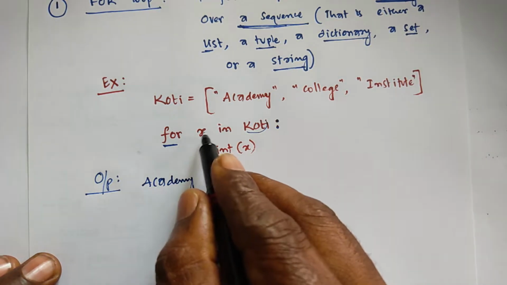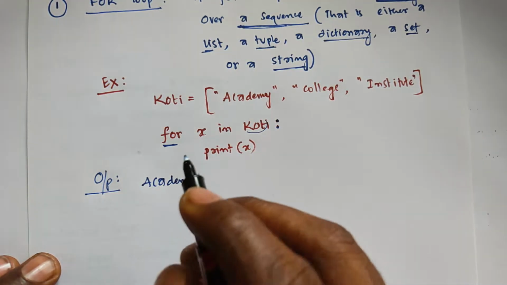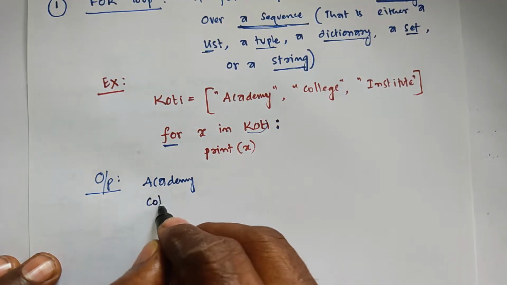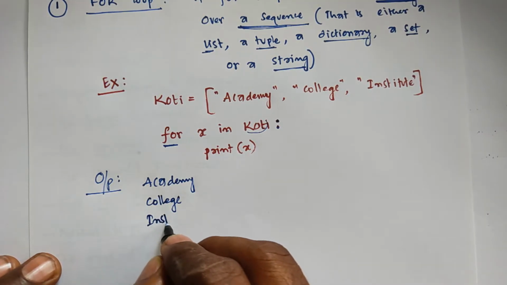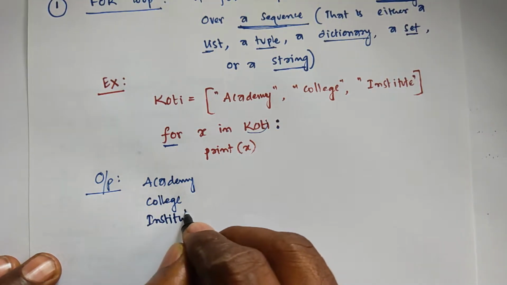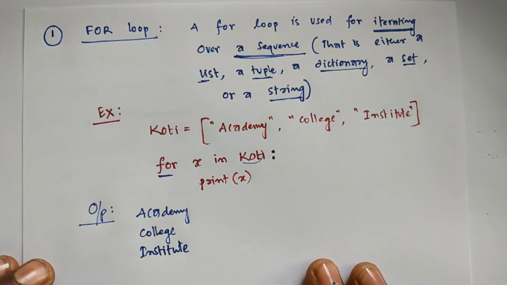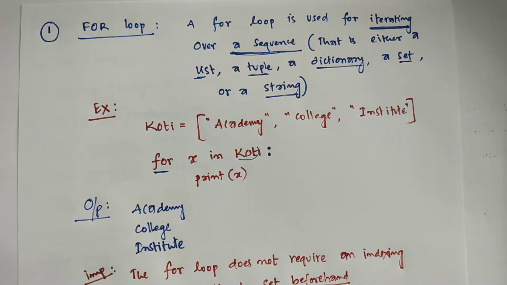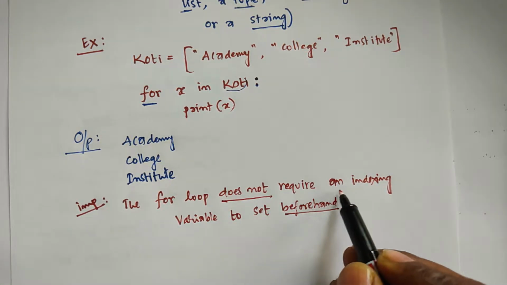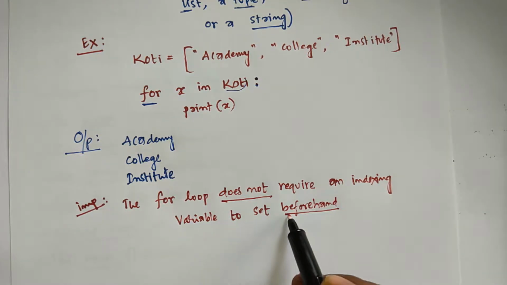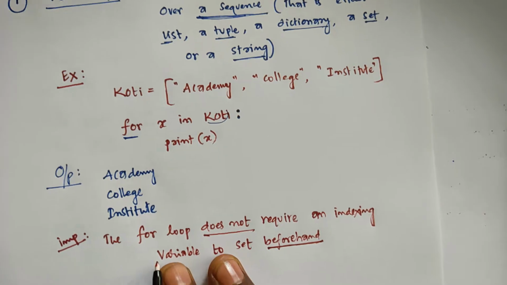Next, the second item moves from the quote variable to x, and the value is college. Next one is institute. Like that you can display the function of the for loop. The for loop does not require an indexing variable to be set beforehand. This is a very important concept.